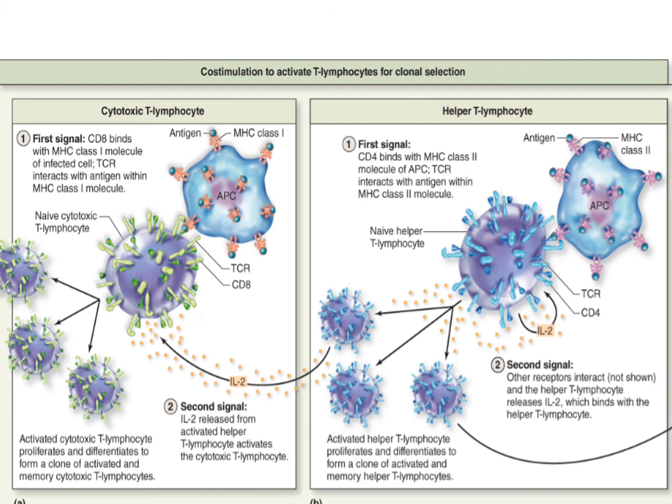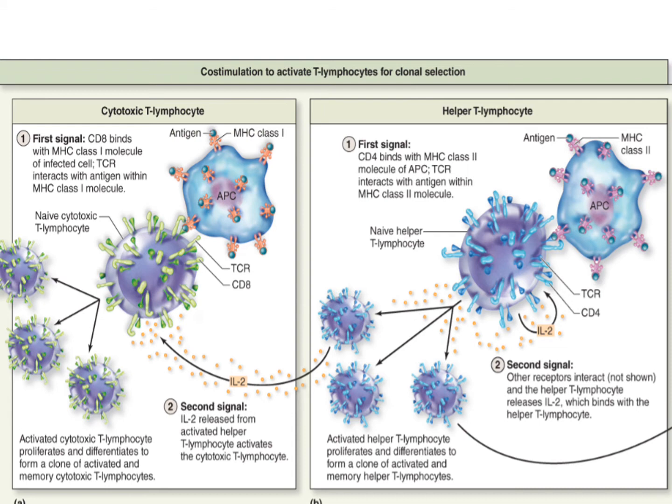Well, notice on this picture, we have an antigen-presenting cell, and he has an MHC class 1. For the activating of a CD8 cell, we're going to have the MHC1 from a dendritic cell do the job to activate this guy.